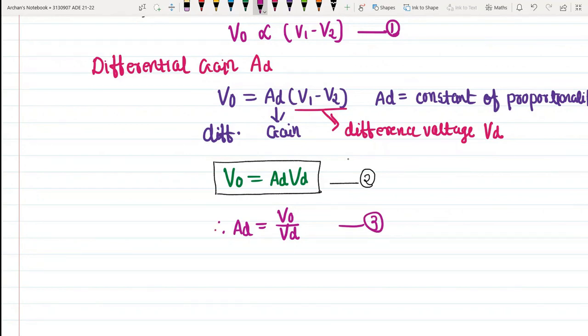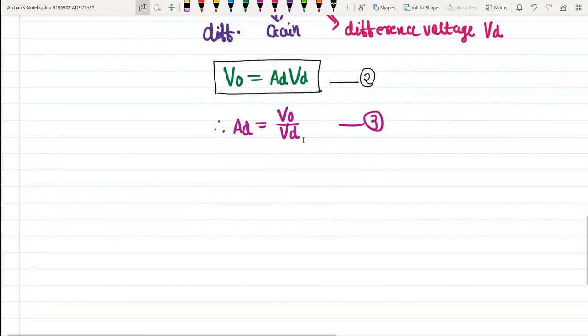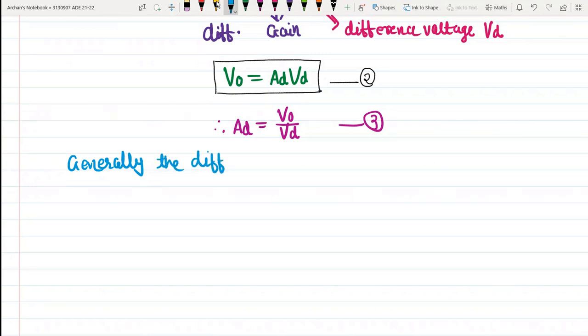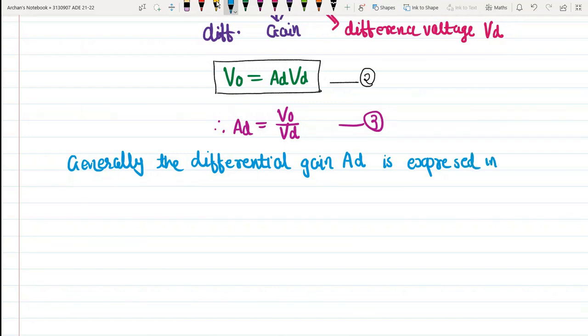And when we talk about this differential gain AD, it is generally expressed in decibel, that is dB.